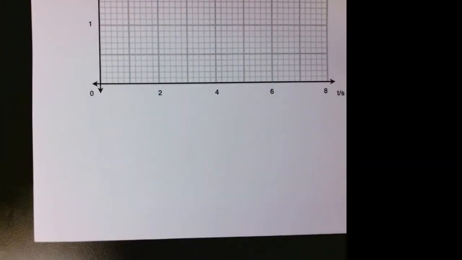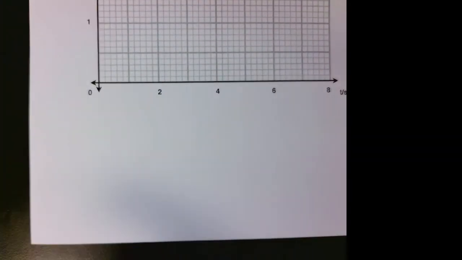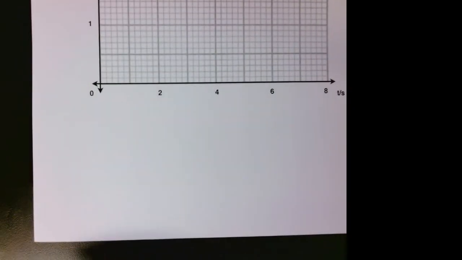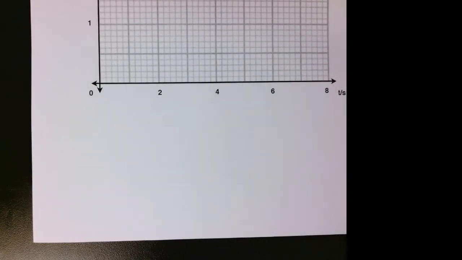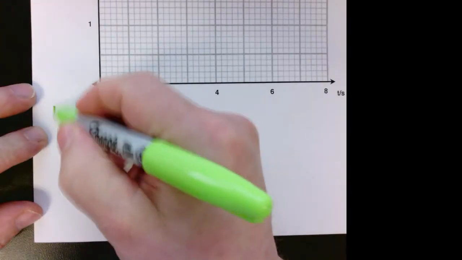So the question we might ask is, where does this dog end up at the end of 8 seconds? Well, one simple way to solve this is to do a calculation. We could take a look at the distance.